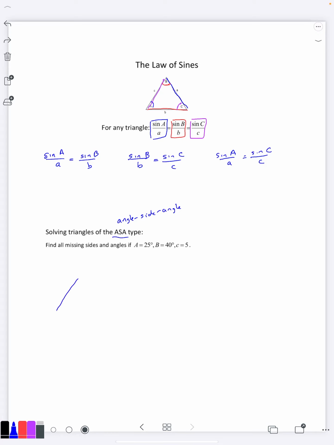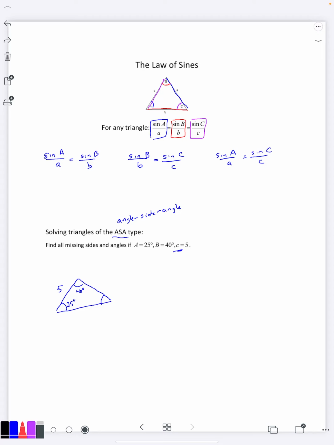Notice that none of these triangles I ever draw here are going to be actually accurate in how long the sides are. It's not to scale. But we know that angle A is 25 degrees. We know angle B is 40 degrees. And we know whatever angle C is, the opposite side to that, which is over here, is 5.